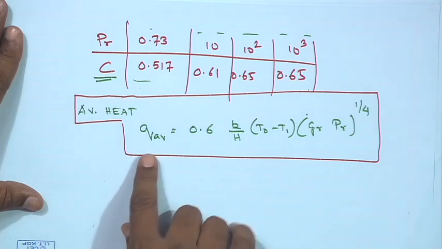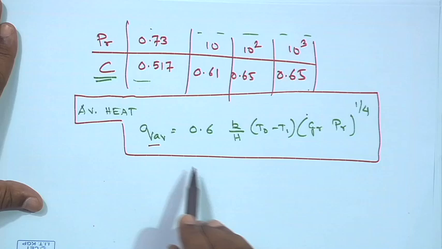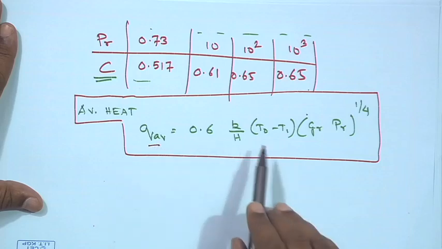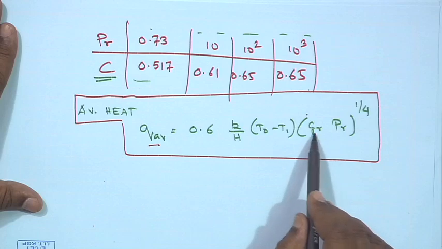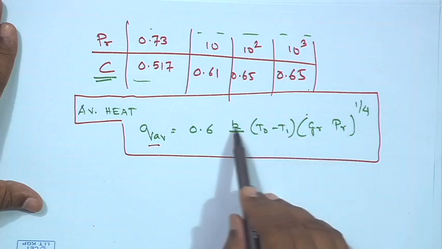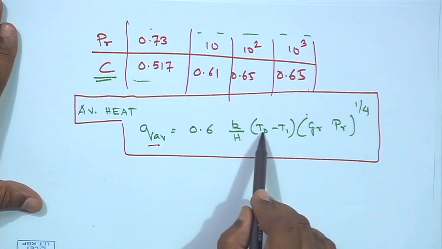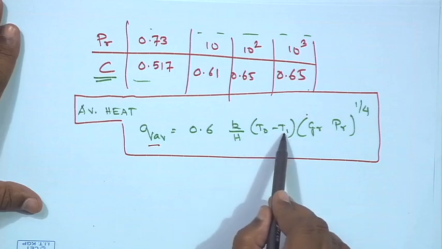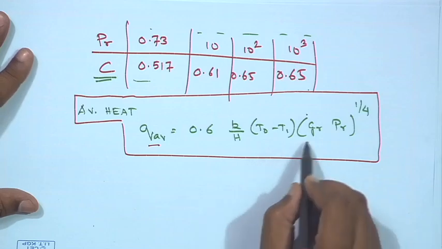So, what we have obtained here is a formula for the average heat lost by the solid surface as a function of k, Grashof number and Prandtl number, which are combinations of thermophysical properties. H is the geometry and T0 minus T1 is the imposed temperature difference.